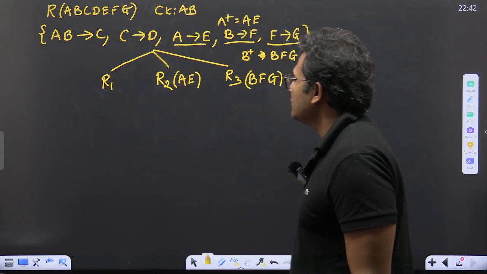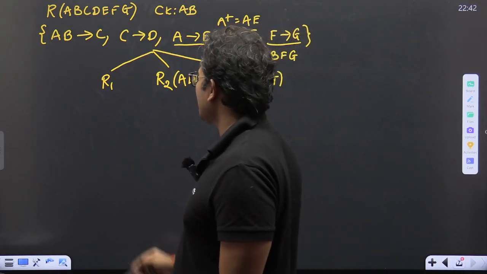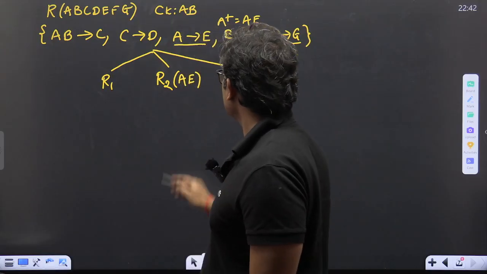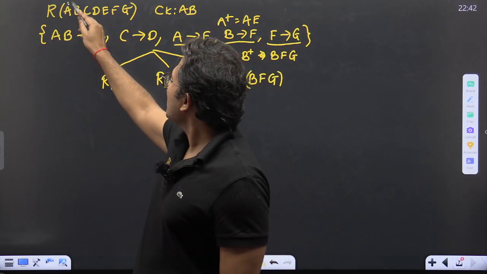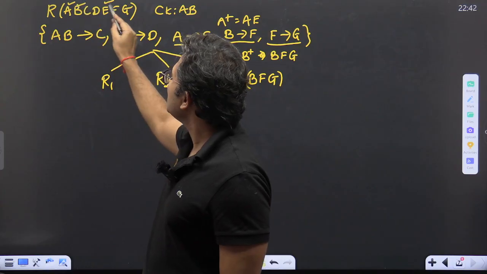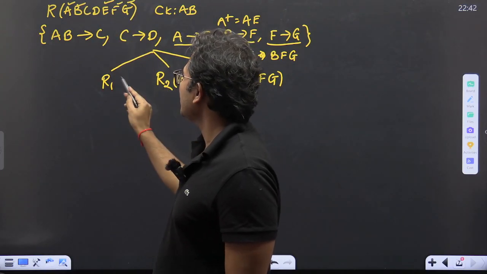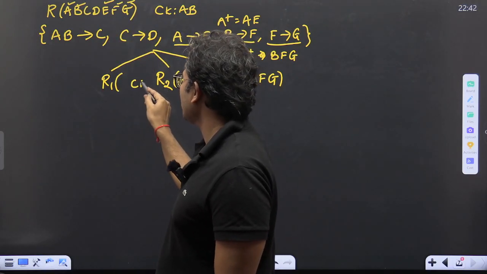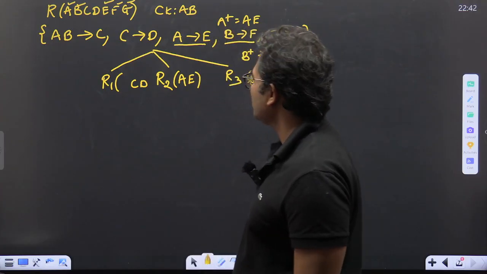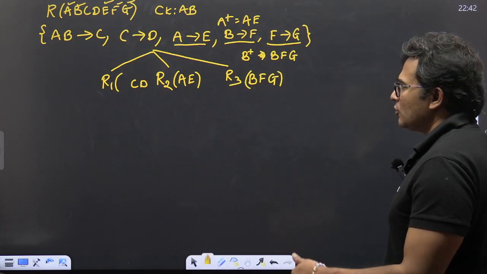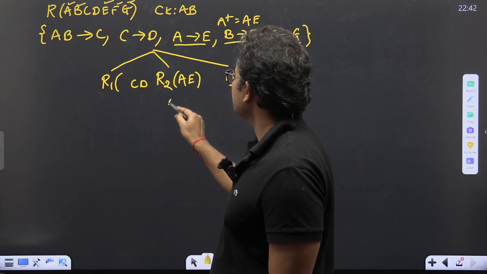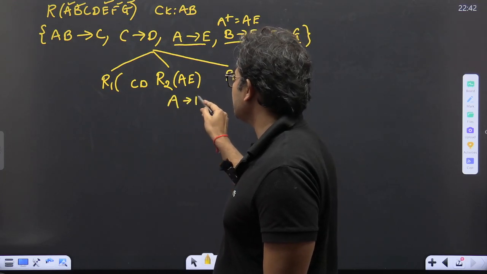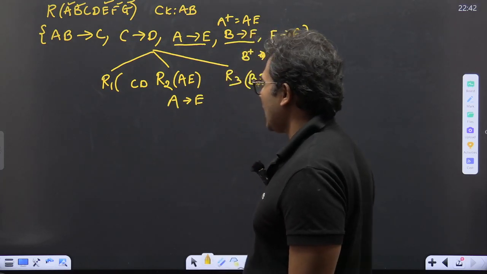Now, if you look at the functional dependencies that are applicable, let's write R1 also. So A, E, B, F, G are gone. What are remaining? C, D are remaining. Okay. And now you have to have common attributes so that it will be lossless, right? So here the functional dependency is A determines E, which means A is the candidate key.